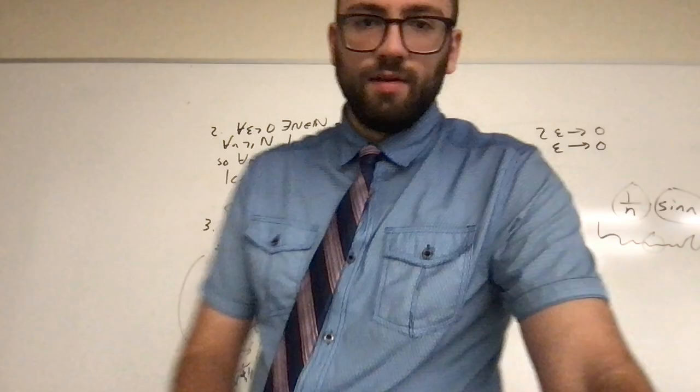And just enough time for the last one. The last one's actually really easy, given 3. Say that xn approaches A, yn approaches B, and B is not 0. Then we can say that zn is equal to yn inverse, and that inverse exists because B is not 0.